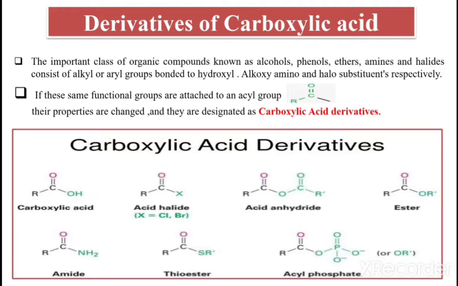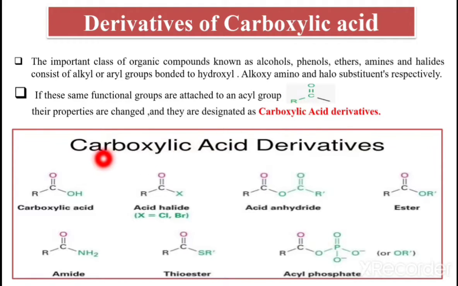Now, if these same functional groups are attached to an acyl group, that means R-C=O, such as CH3-C=O, it is called an acyl group, and their properties change, and they are designated as carboxylic acid derivatives. That means here only the R part will be the change.